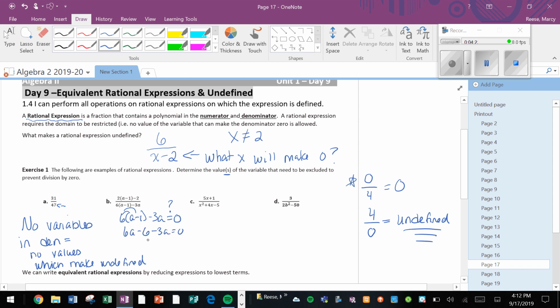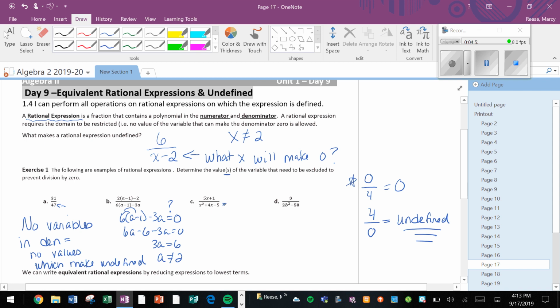I'm going to combine like terms and I get 3a, and I'm going to bring that 6 to the other side and divide by 3. And I have 2. Remember, we're determining the values that need to be excluded to prevent division by 0. So I'm going to say a cannot be 2. If I put 2 in for that denominator, it makes the denominator 0. And again, you can't divide by 0.